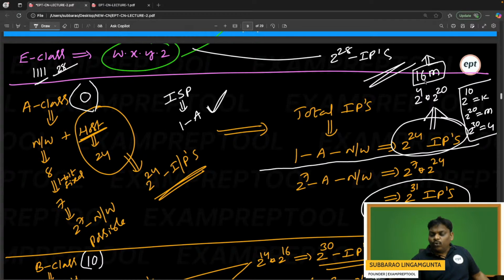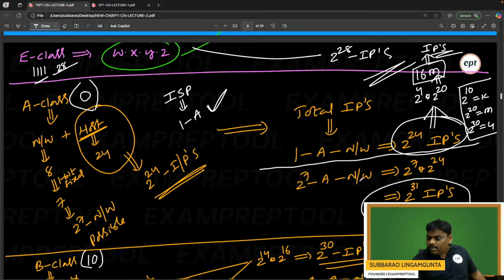So 2 power 4 is 16, 2 power 20 is M, so 16 million IPs are possible.